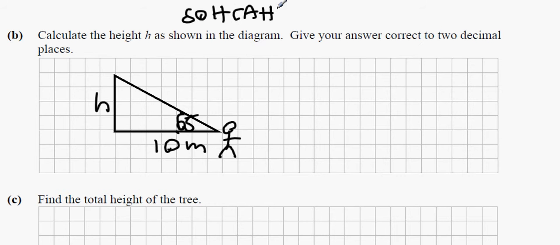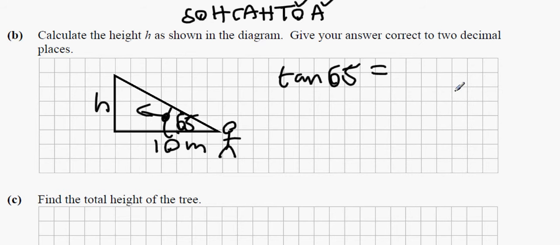Now, 65 degrees points at the h. H is opposite, and the 10 meters is adjacent, so opposite and adjacent. Therefore, we must use tan. Tan 65 equals opposite divided by adjacent, which is going to be h divided by 10.